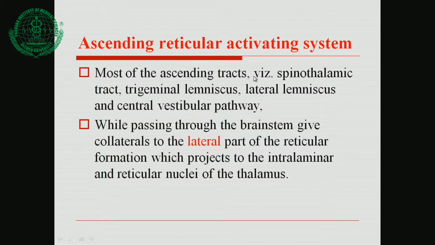Most of the ascending tracts, that is the spinothalamic tract, trigeminal lemniscus, lateral lemniscus, and the central vestibular pathway, while passing through the brainstem, give collaterals to the lateral part of the reticular formation, which projects to the intralaminar and reticular nuclei of the thalamus.